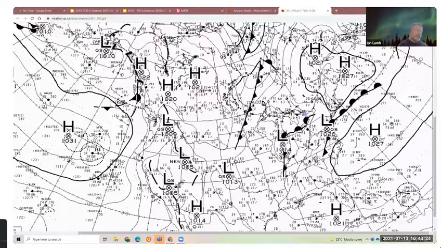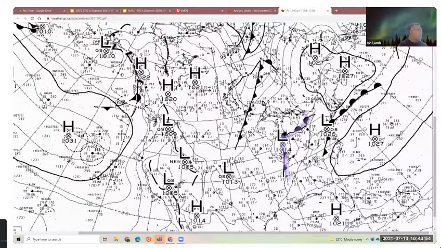Here's the Toronto area right here. And we are expecting some precipitation. So even as early as 2 a.m. this morning, there was a warm front that was starting to move into our area, and here's its cold front here. Again, to reiterate, this is all very practical stuff.